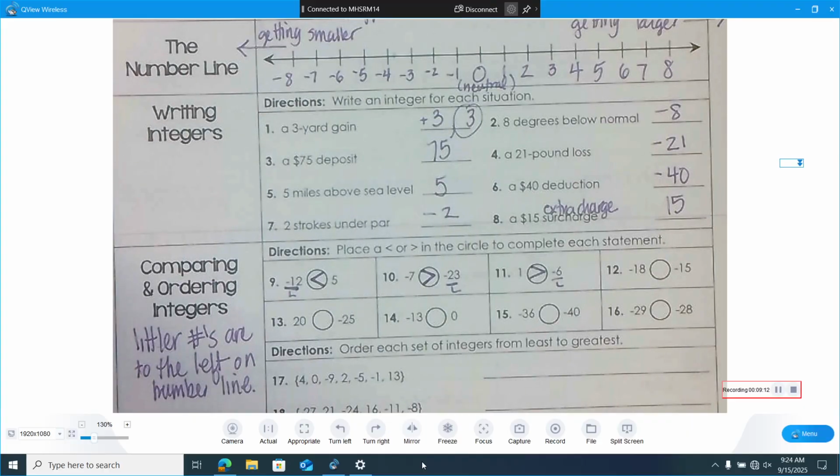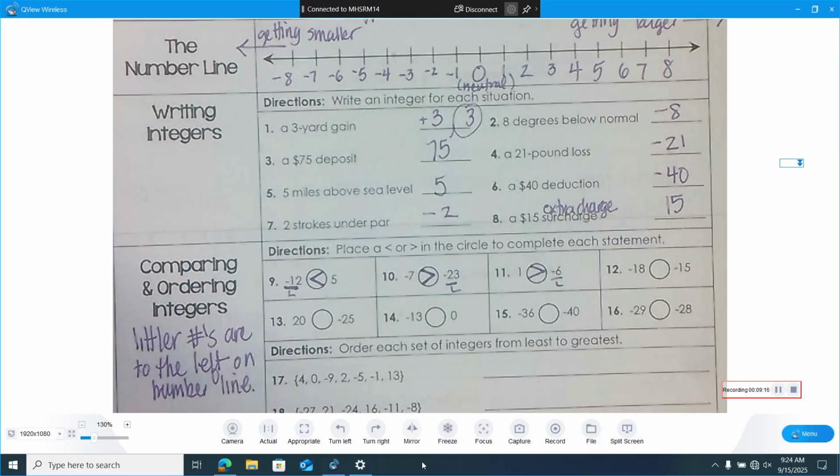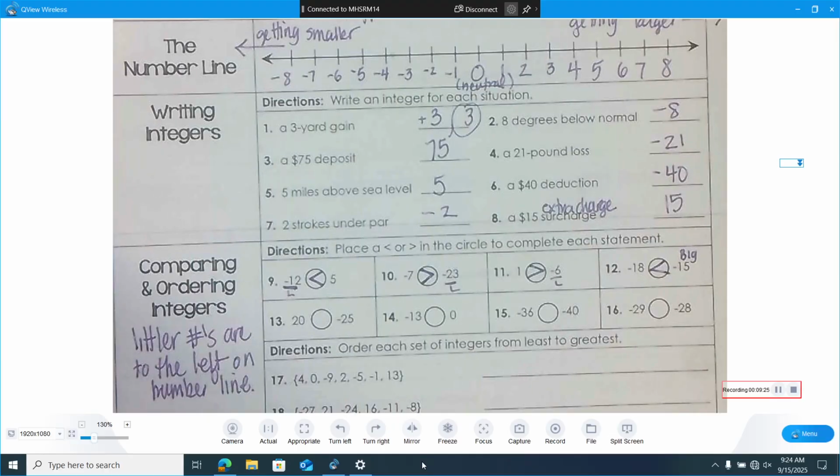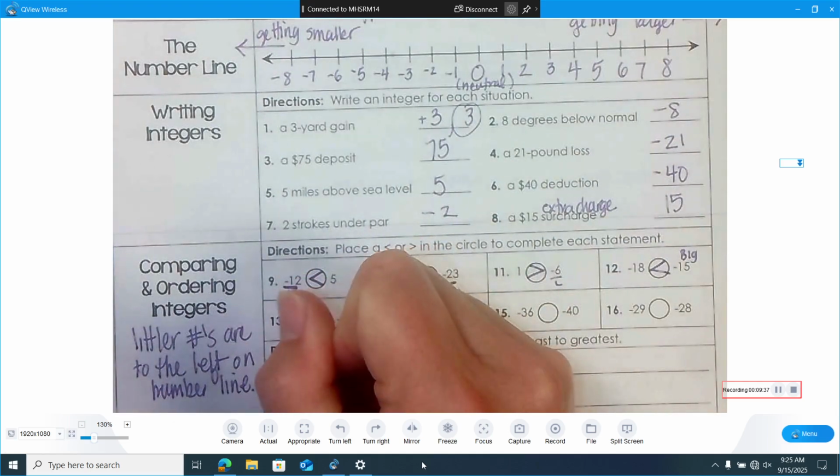Lots of ways to think about this. -18 and -15. Which one's bigger? -15 is the big guy. So we want our alligator inequality to eat the bigger one. All right, we've got 20 and -25. Which one's bigger? 20 is the bigger.